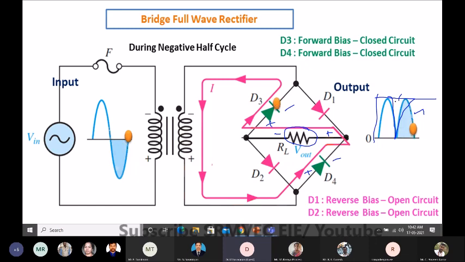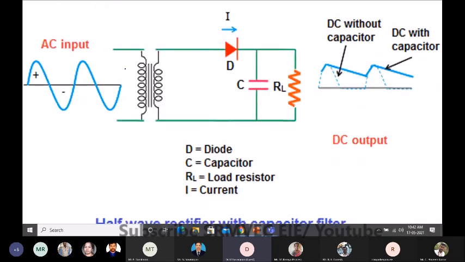So how can it be converted? By applying filters. There are two types of filters. One is using a capacitor, and another is using an inductor, usually what we call a choke. The choke is usually bulky in nature and used only in special applications. Usually the capacitor type of filter will be connected over here.